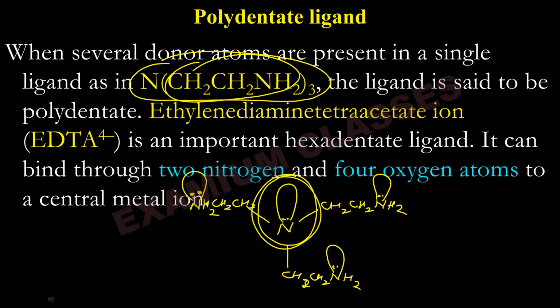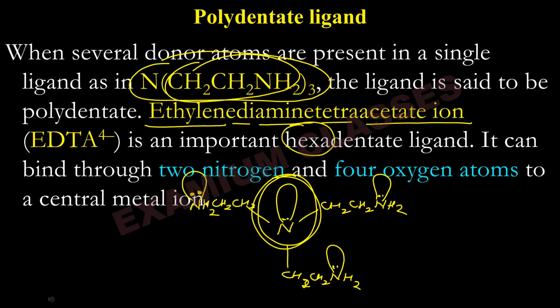Similarly, this one is very, very important. Ethylene diamine tetraacetate ion. Question has appeared quite a few times, okay, related to this one. Ethylene diamine tetraacetate ion is an important hexadentate ligand, hexa. Now you might be surprised why it is hexadentate.